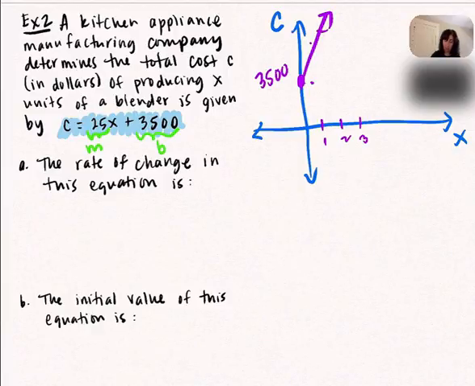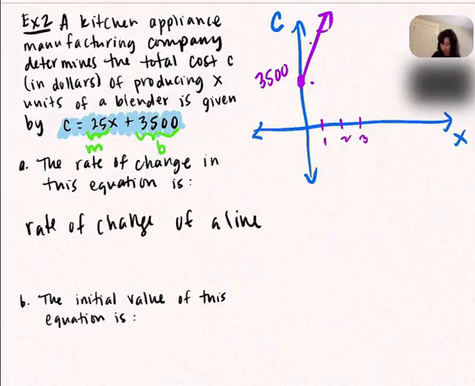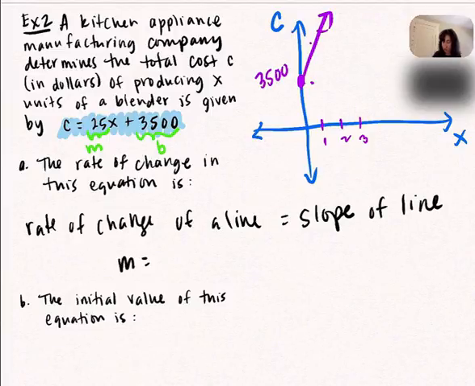So remember, rate of change of a line equals slope of the line. So our rate of change here is just going to be equal to the slope, or 25. You can read it off from this equation. So m is 25.